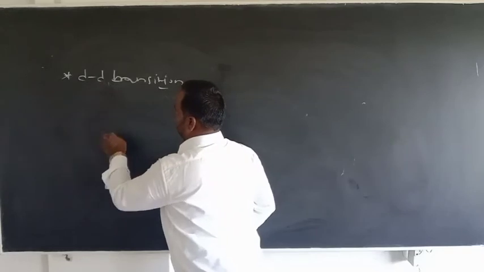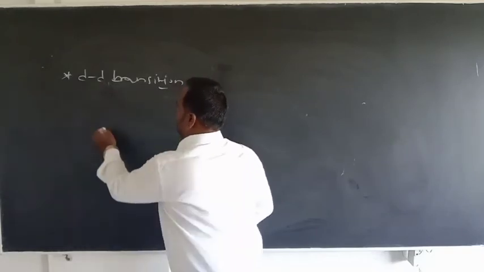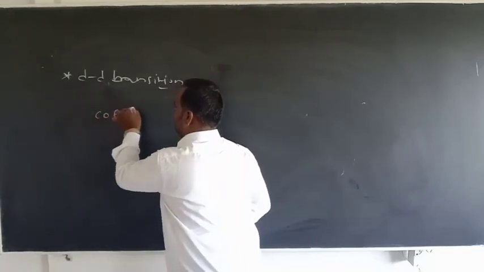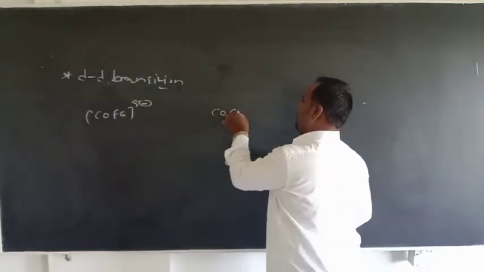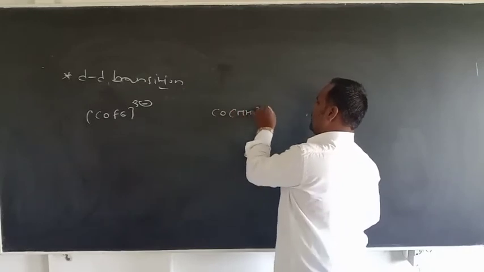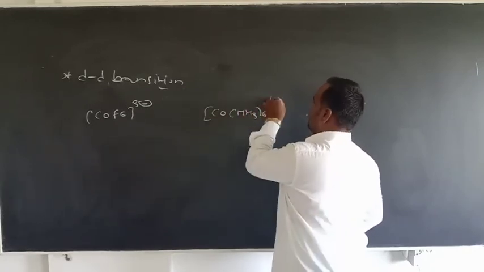of a chromium or cobalt complex, that is CoF6 3 minus, and another is Co(NH3)6 3 plus.